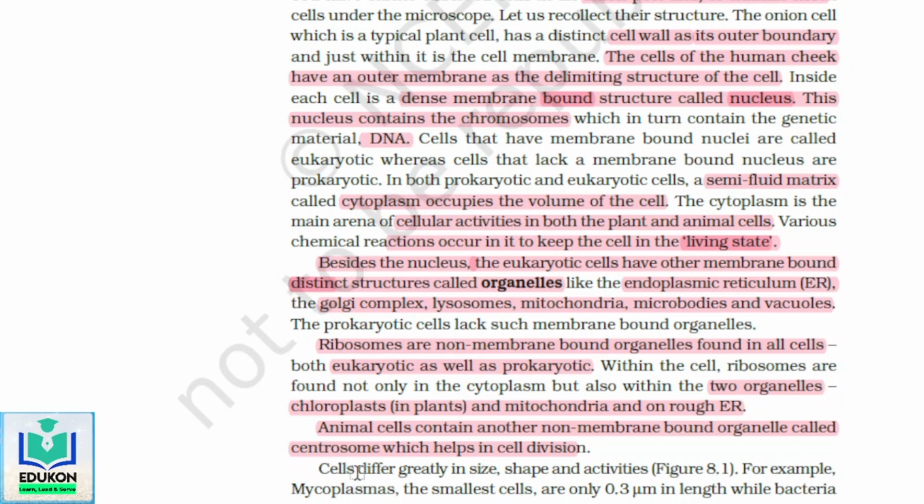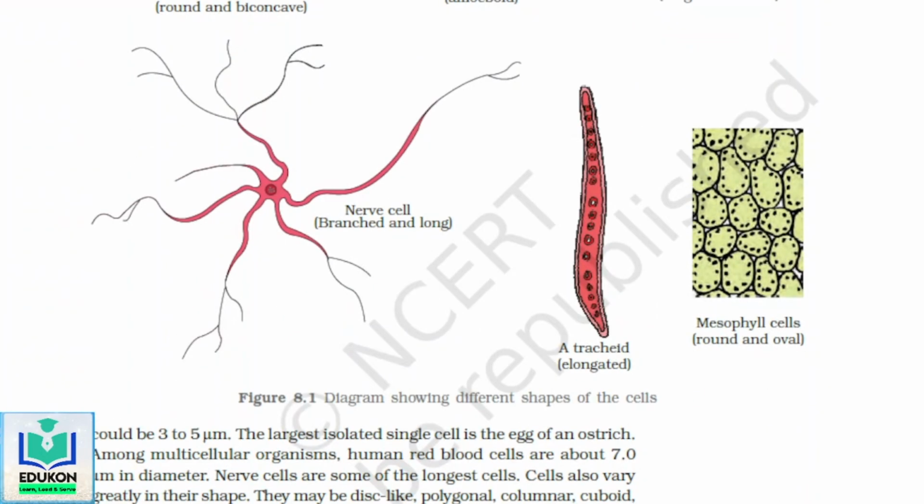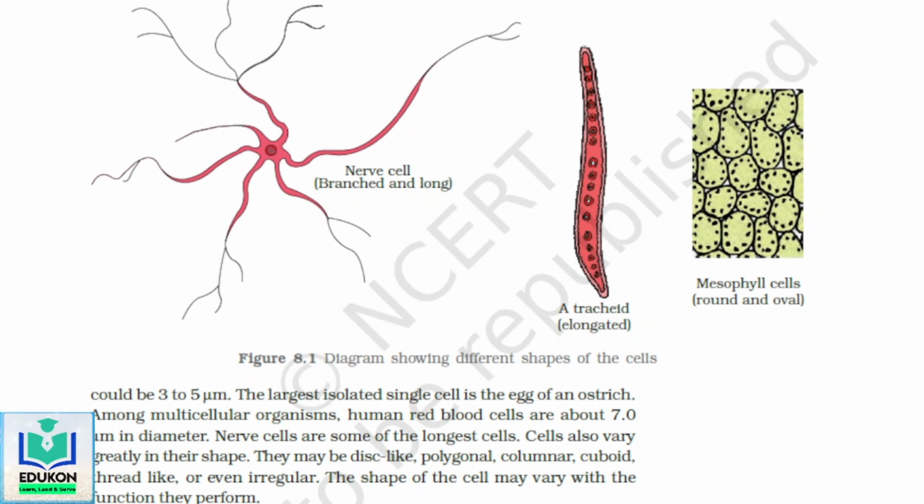So, two non-membrane bound organelles, ribosomes and centrosome. Coming to shapes, different shapes and sizes of the cell. Cells differ greatly in size, shape and activities, which we'll see in the next picture. For example, mycoplasma are considered to be the smallest cells, which measure about 0.3 millimicron in length, while bacteria could be 3 to 5 millimicron in length.